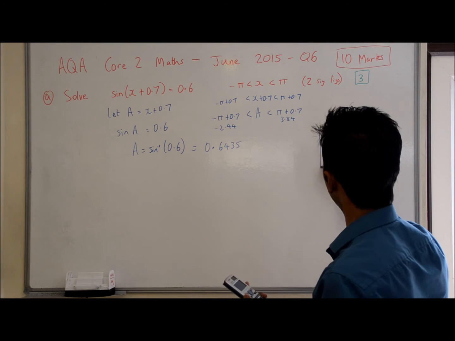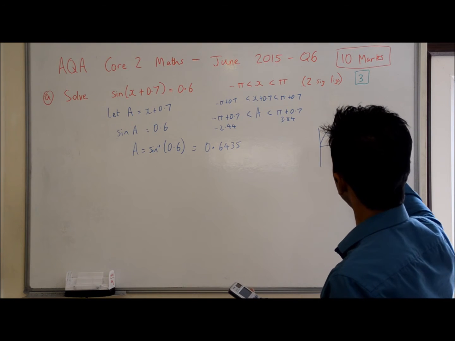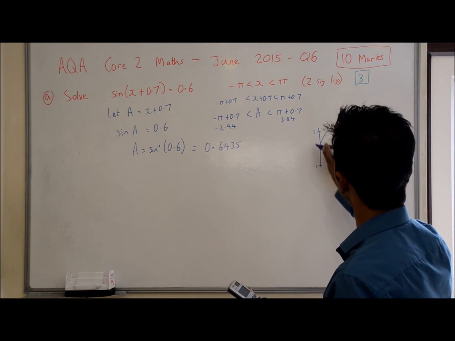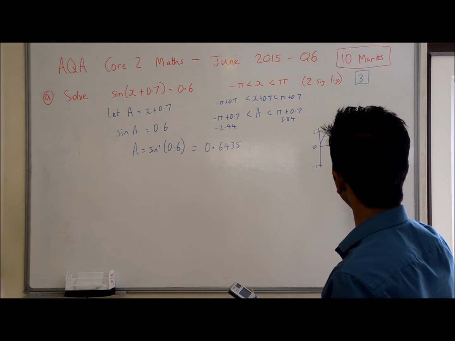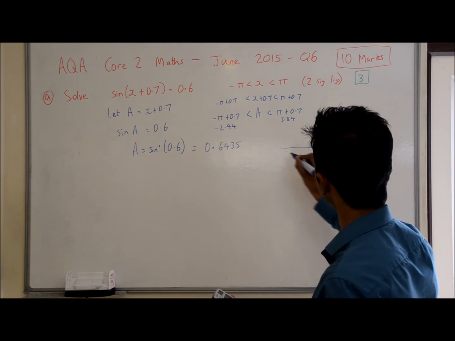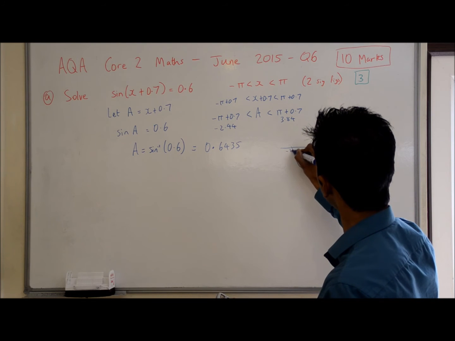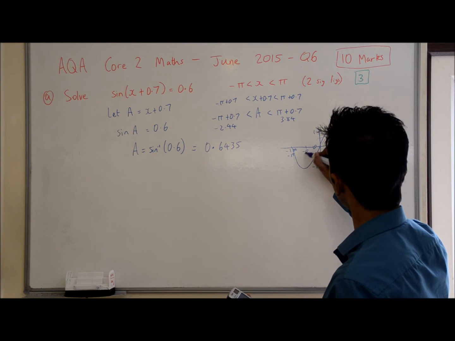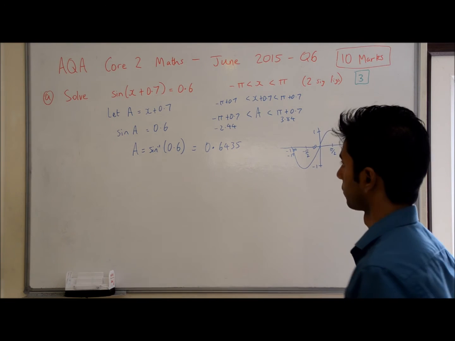One of the ways to do it is to draw a quick sketch of the sin graph. So this is the graph of sin A. Looking at 1, minus 1, 0. This is 180 or pi, and since we need to go down to minus pi, it's going to be minus 180, minus pi over 2, and this is pi over 2.